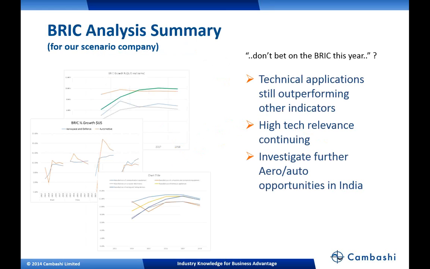It looks like 2014 is going to have a slowdown for us, but maybe there's going to be a modest recovery. So we think the technical applications as a whole is still going to outperform the other indicators in the future. We think there's going to be a continuing relevance of the high-tech segment, but there might be some interesting areas, for example, aero auto coming up in India. Those could be interesting for our scenario company.